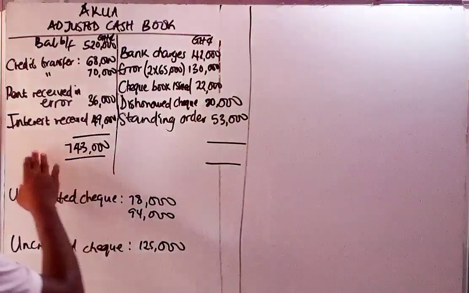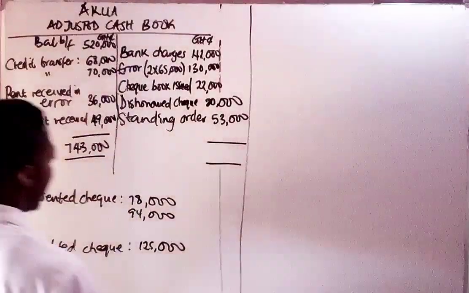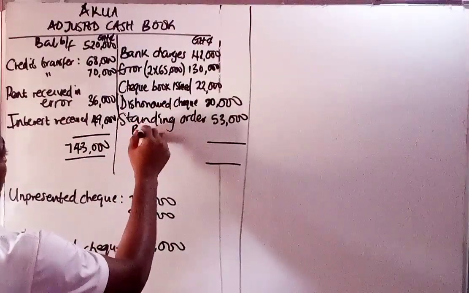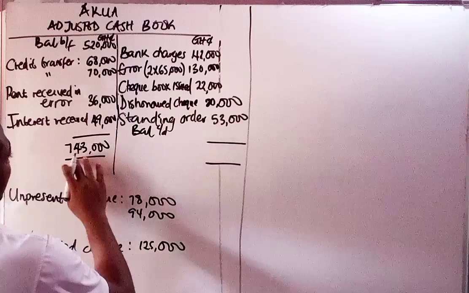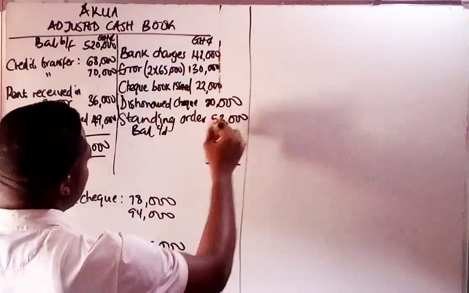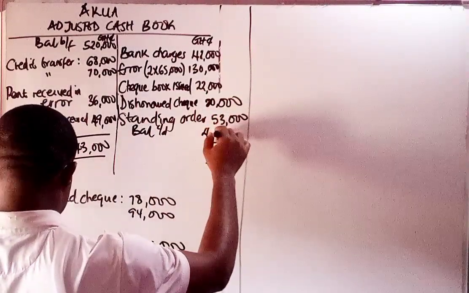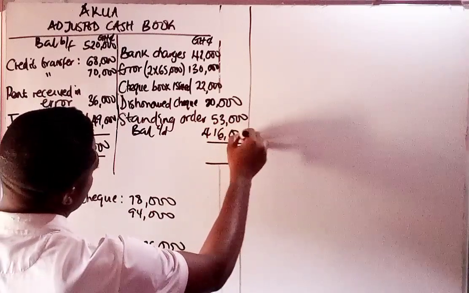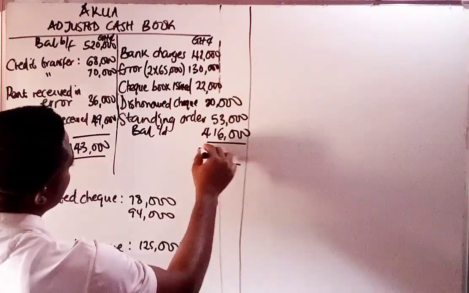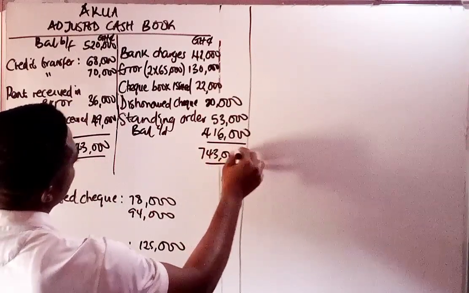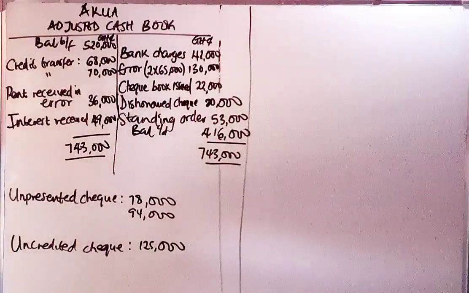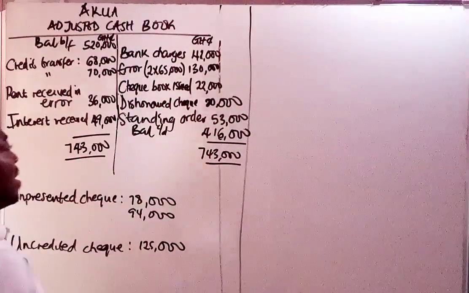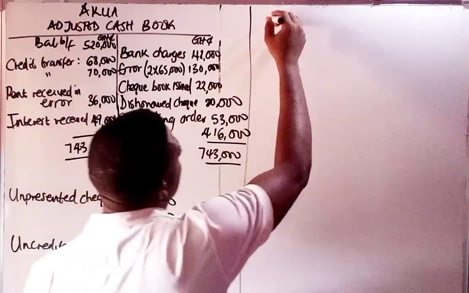So it is less than what we have here. So we'll have a balance carried down there. So 743,000 minus this will give us 416,000. So now when we add everything, it becomes 743,000. Okay, so this is the balance carried down. So it will come here now.